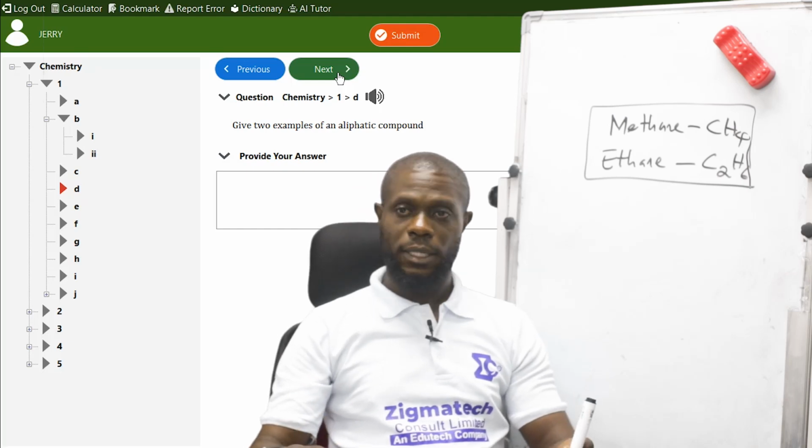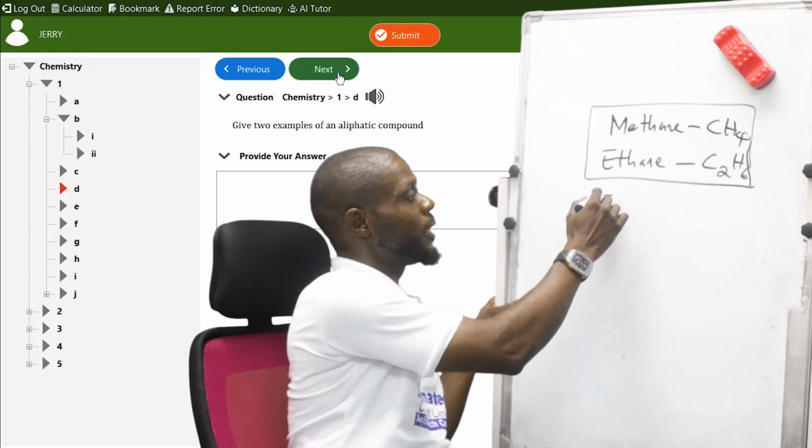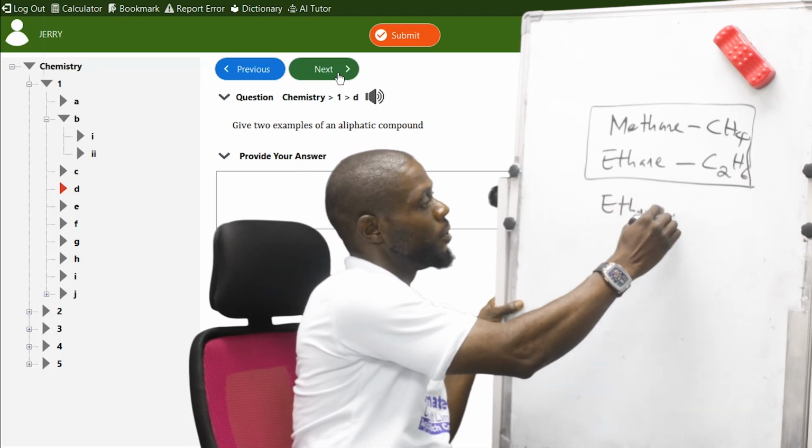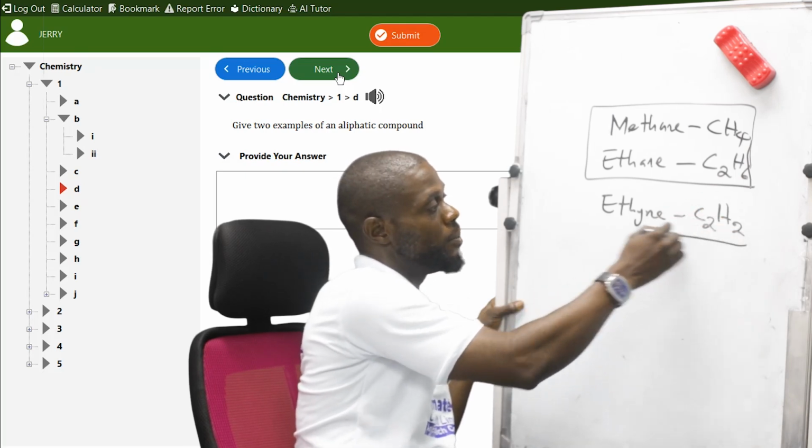But we can still put ethyne. Ethyne too is an aliphatic hydrocarbon, which is an aliphatic compound, C subscript 2, H subscript 2.